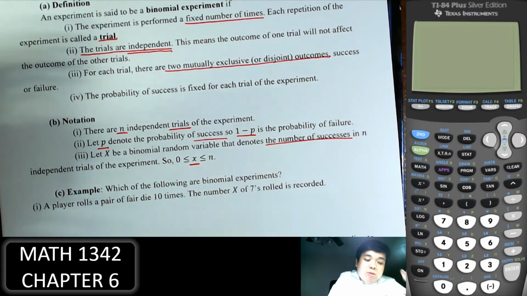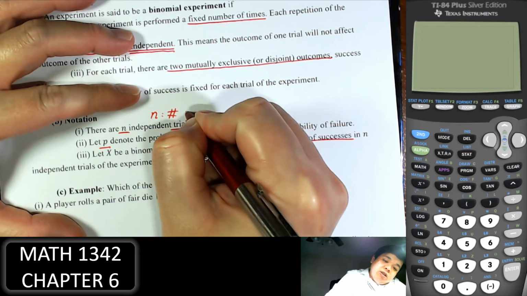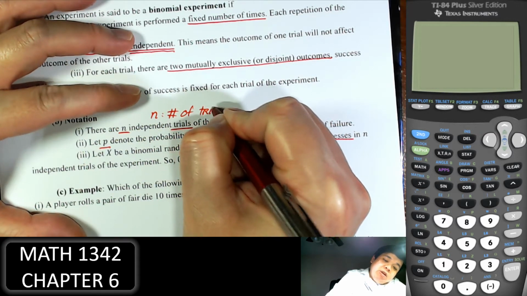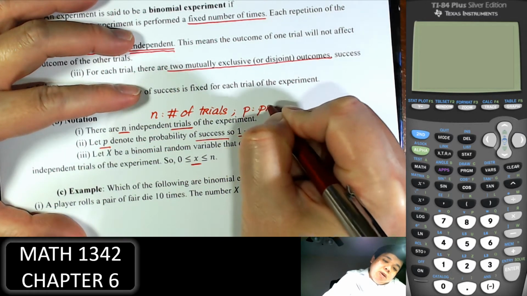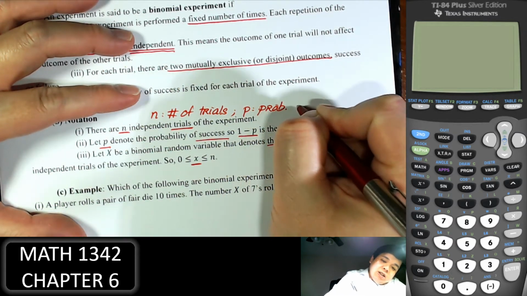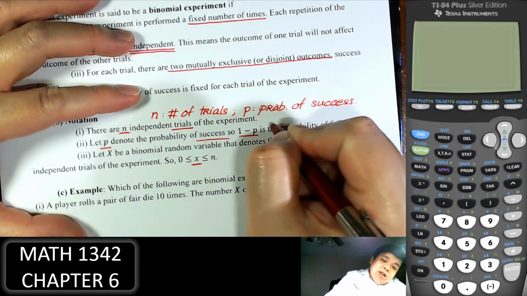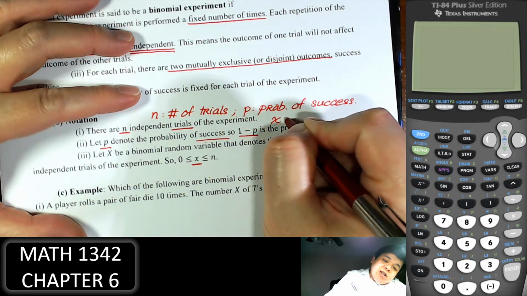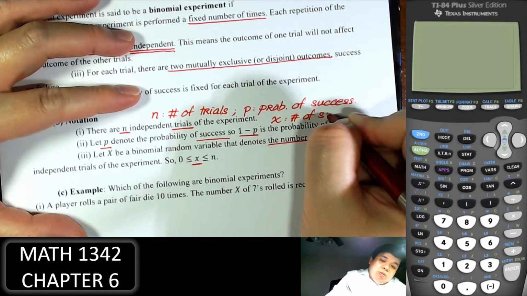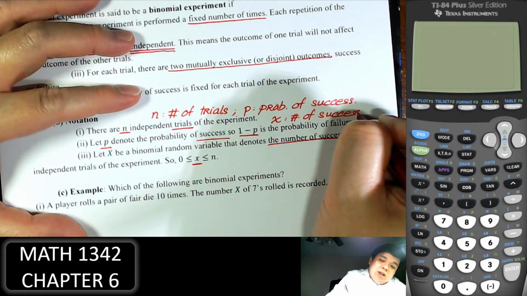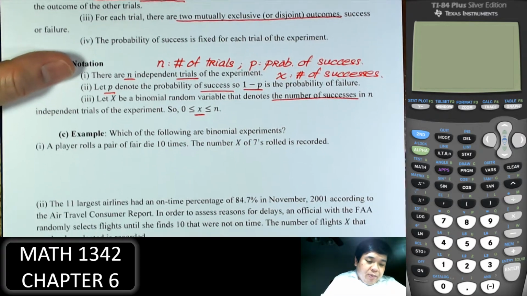So there are three variables. n is the number of trials, and that has to be fixed. p is the probability of success, and that is also fixed. And x, the number of successes, is what we want in each case. Right, here's an example.